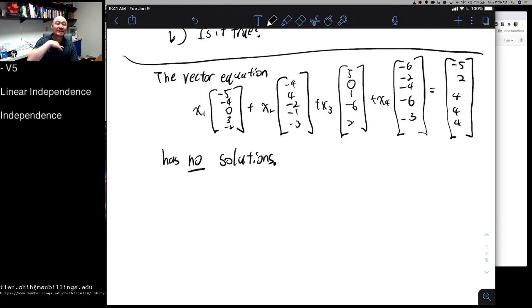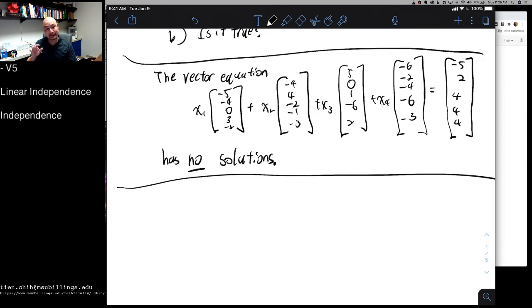Now that we've rephrased this in terms of a vector equation, we're right back to our earlier problems of solving systems of equations or vector equations. So what we want to do is break out our trusty augmented matrix and see whether or not this vector equation in fact has a solution.